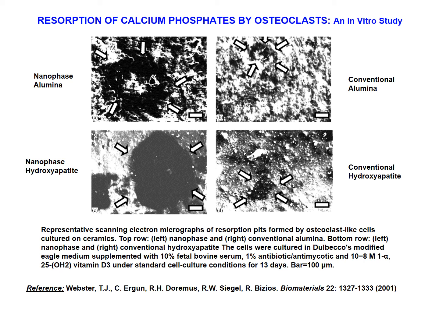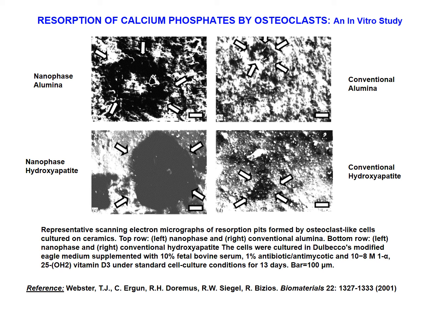The nanophase alumina have been resorbed by the activated osteoclast. That particular area is much, much bigger than the fewer and smaller areas which are on the conventional alumina. The pertinent scanning electron micrograph is the one on the top row right hand side.